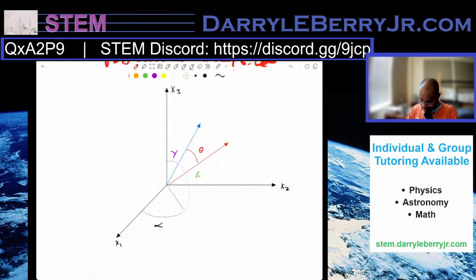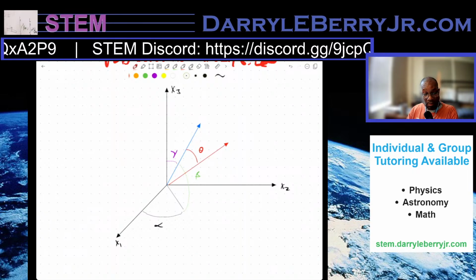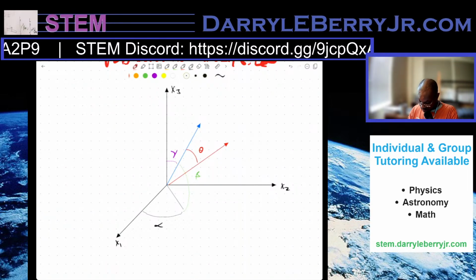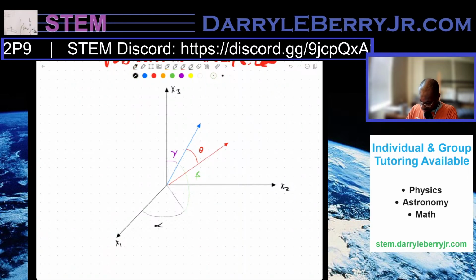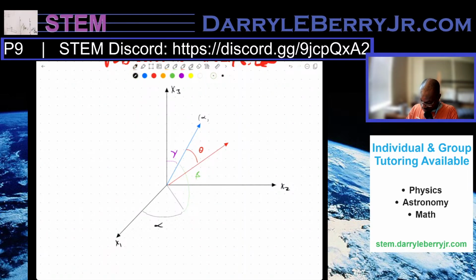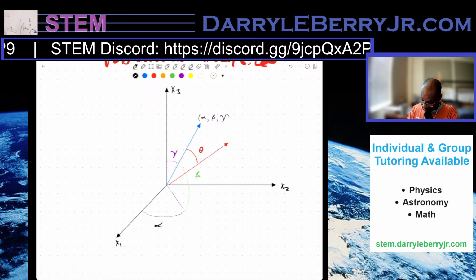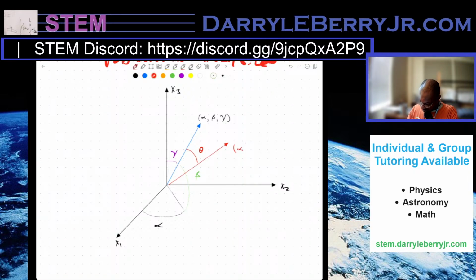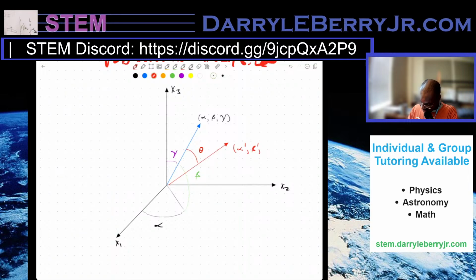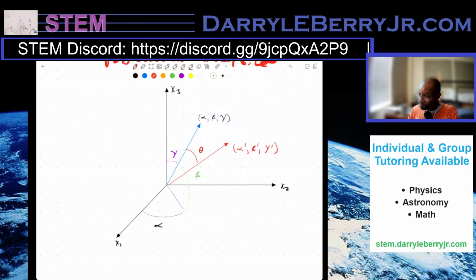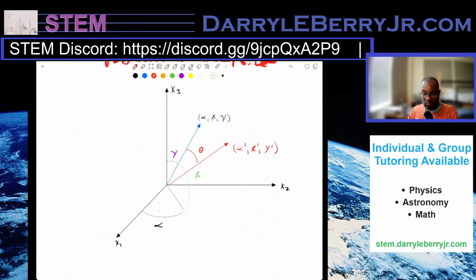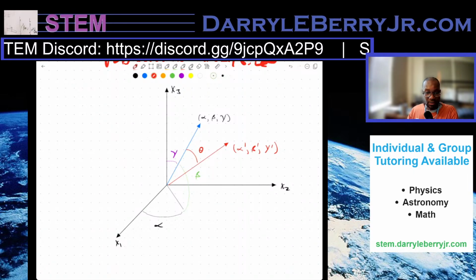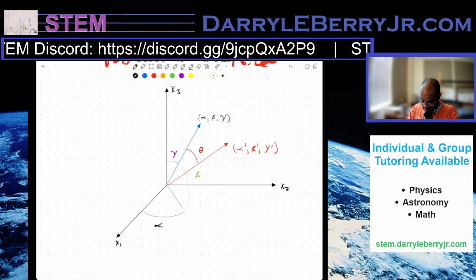And those are the values. So this is at the point alpha, beta, gamma, and this is at the point alpha prime, beta prime, gamma prime. All right, easy enough. So that's figure 1.4 that I mentioned earlier.